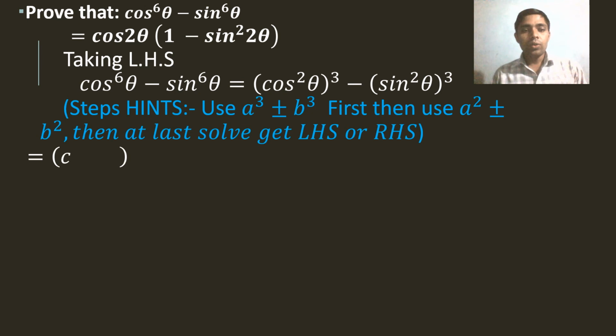So now we first see a³ ± b³. We will apply the a³ − b³ formula, where we have (a − b). So first we will write a − b.